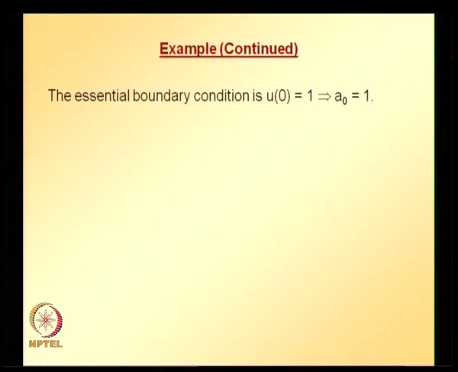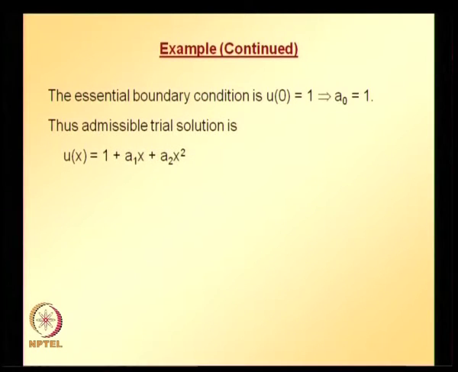Okay. So, in the given quadratic trial solution, u is equal to a naught plus a 1 x plus a 2 x square, you substitute the essential boundary condition, that is u evaluated at x is equal to 0 is 1, that leads to the condition a naught is equal to 1. So, your admissible trial solution becomes 1 plus a 1 x plus a 2 x square.